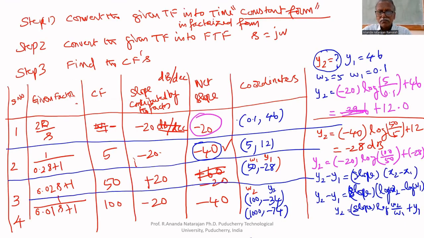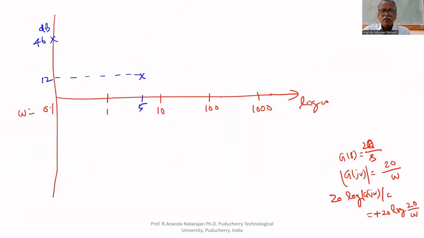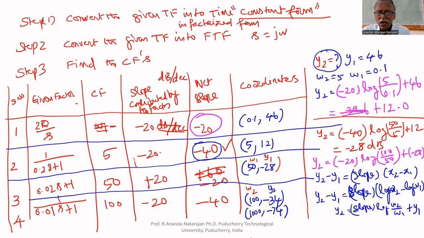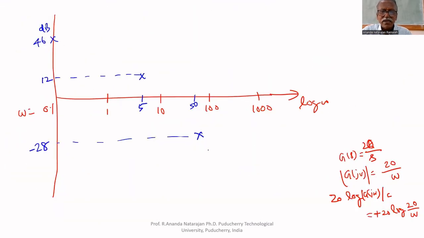Next one is minus 28 at 50. 50 means here, maybe around here, minus 28. Then at 100, minus 34, maybe here. At 1000, it is minus 74, so it is here. So we have to join all these lines.